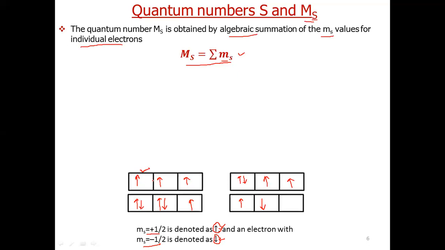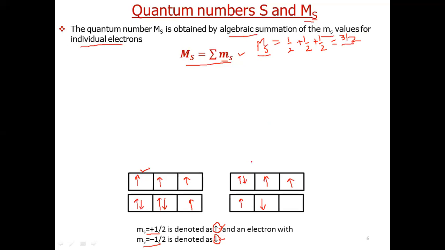Now this is an upward arrow, meaning half. So we have to see the small ms of individual electrons. For this electron, it is half. For this electron, again it is an upward arrow, meaning positive half value. For this electron, again it is an upward arrow, half. So its value comes out to be half plus half plus half, equal to 3 by 2. The value of capital MS is 3 by 2.